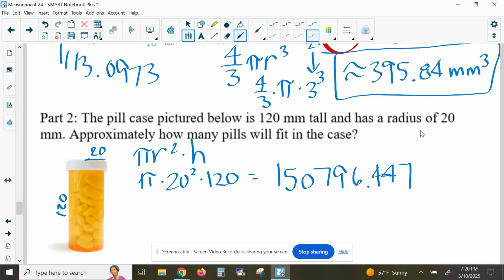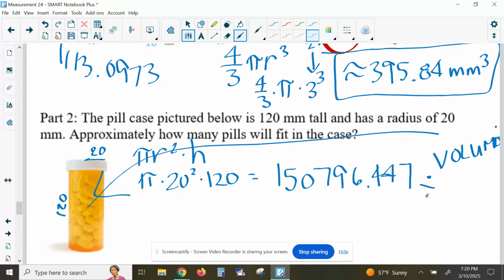Okay, so this is the volume of my pill case, right? That's the volume of that bottle. I want to know how many of these 395 go into here. So I have to take this number and divide it by my top number, 395.84.